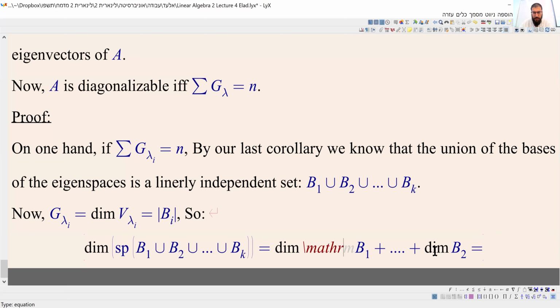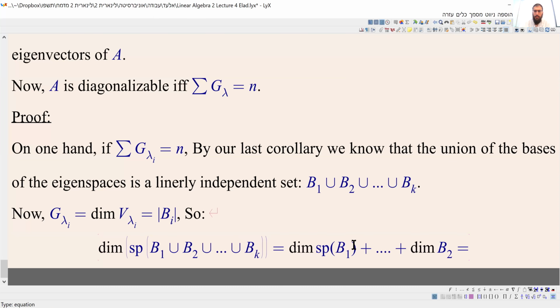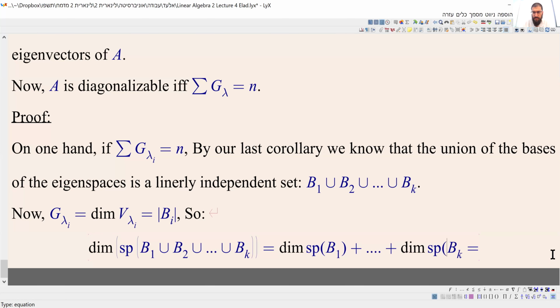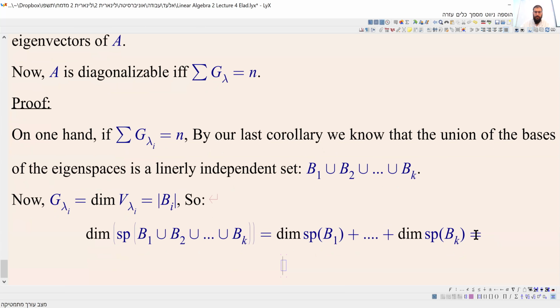which by definition is the dimensions of the eigenspaces, because they are bases of the eigenspaces: the dimensions of V lambda 1, V lambda 2, and so on up to V lambda k.